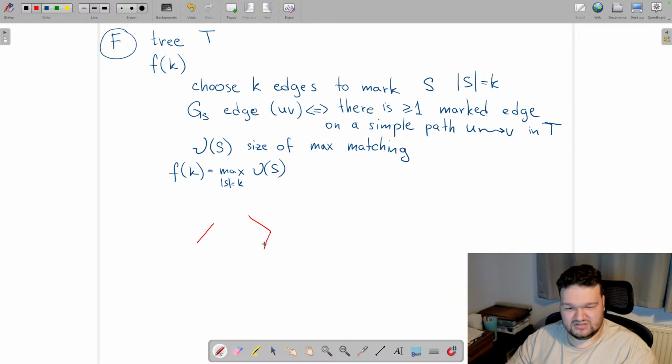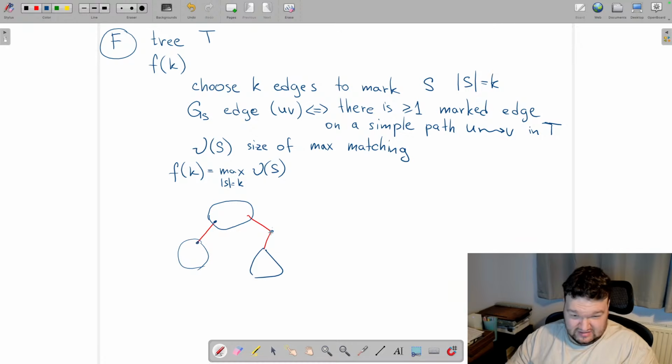There can be several marked edges coming to the same vertex, and that vertex can have some other neighbors, so it still has its own subtree.